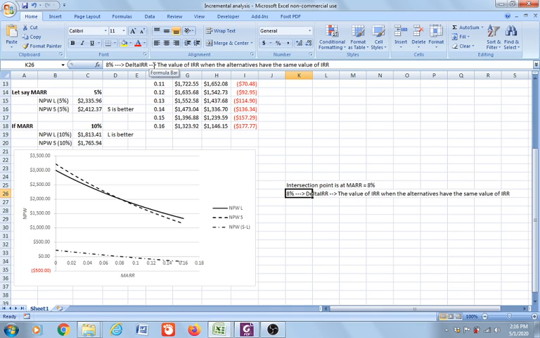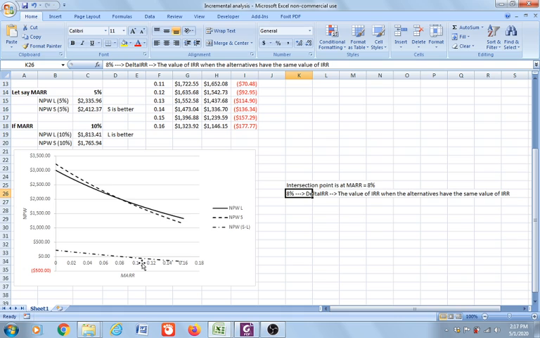From a MARR of 0 until 8%, we will have delta IRR bigger than MARR. From 8% till 100%, for example, we will have delta IRR less than MARR. Why?